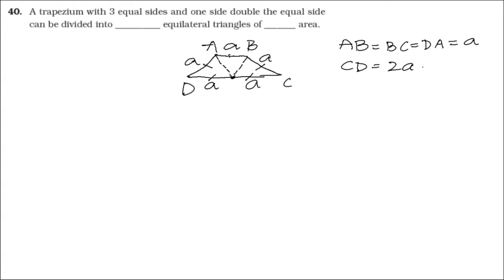Since this side and this side are parallel to each other, AB is parallel to DC. This line acts as a transversal. Alternate angles will be equal. This angle will become equal to this angle. Same way, this angle will become equal to this angle. Can we do anything about this now?